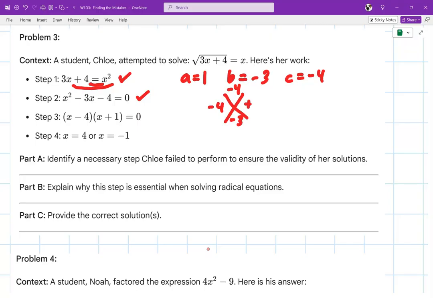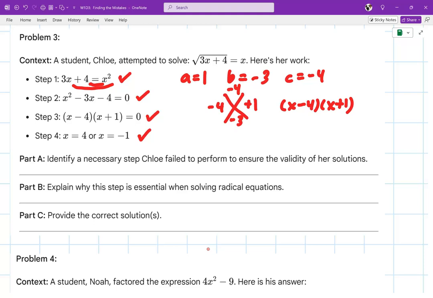So it'd be negative 4 and 1. So it would be x minus 4, x plus 1. So that's correct. That's correct. And then they solved it. And they got 4 and negative 1, which is correct.